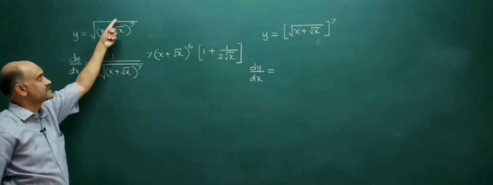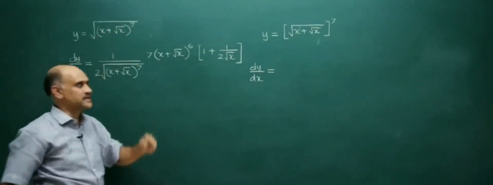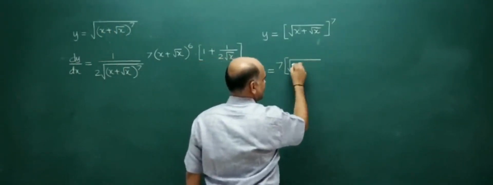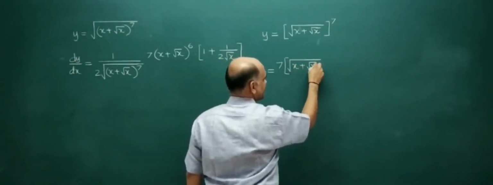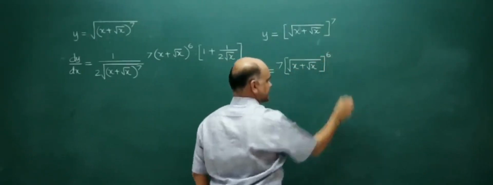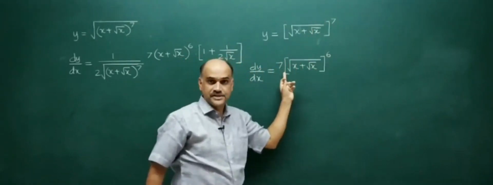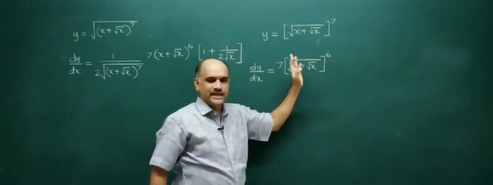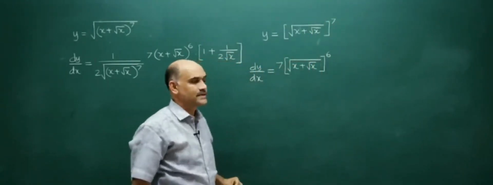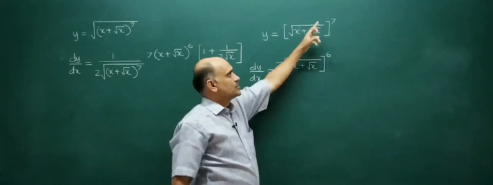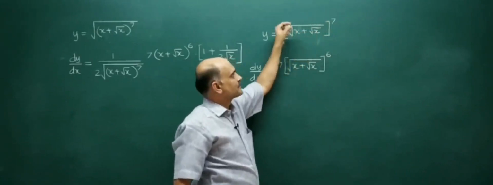Here 7 was inside, so first root we had differentiated. So 7 bracket raised to 6. Clear, students? First 7 I have differentiated. This root you may cancel, but we are just practicing the formulas, or you can say basic examples. So differentiation of 7 I have completed.